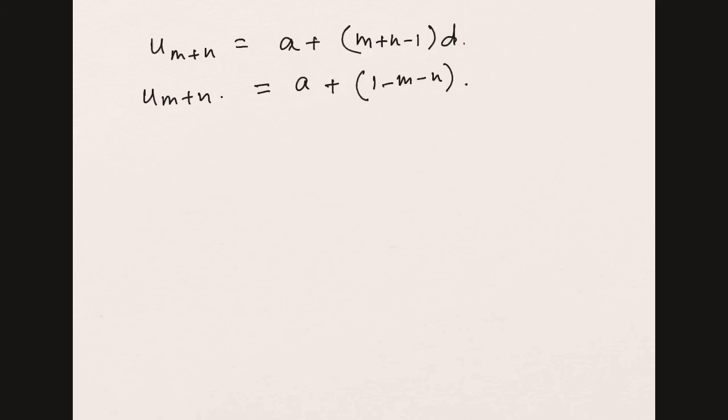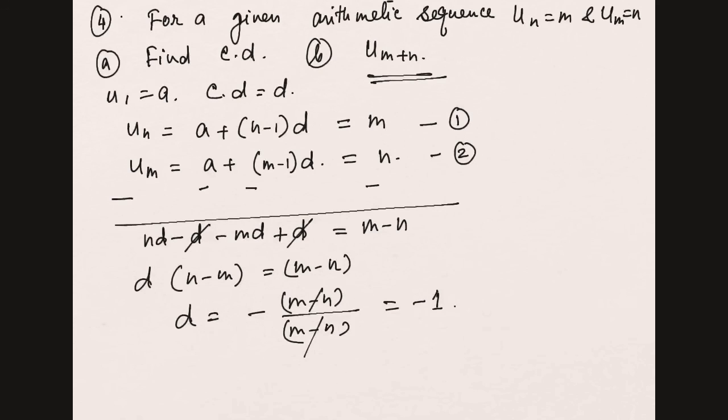But how do I find out my a? From the value of d here, I know that I can take any value of Un. In number 1, if I write the value of minus 1, I can find a in terms of m and n. So I am doing that.